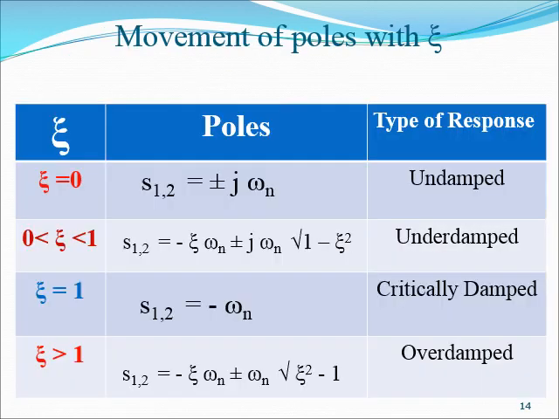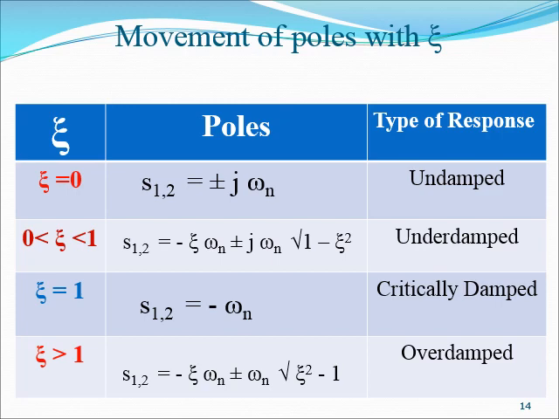So here is the summary. When zeta is 0, if you put zeta 0 in that equation, this term goes to 0, this term is minus 1, so we get the square root of minus 1, which is j, giving plus or minus j omega n.